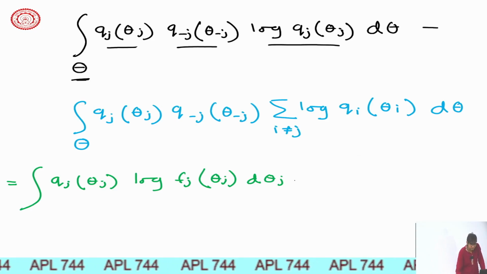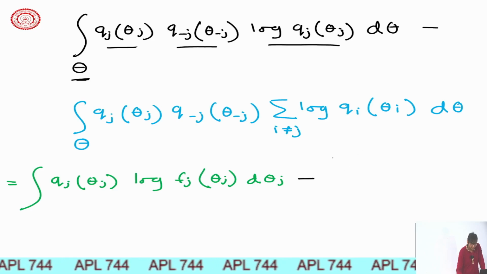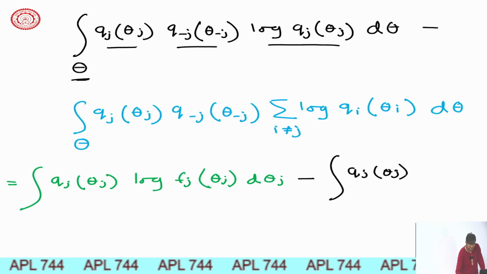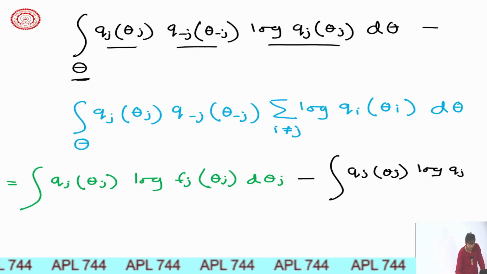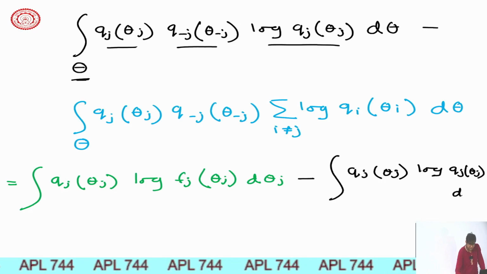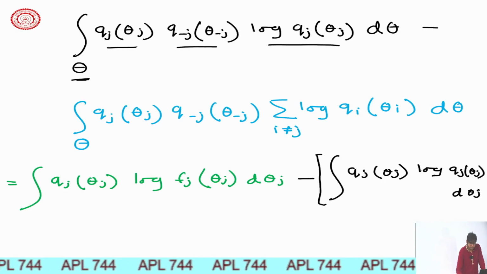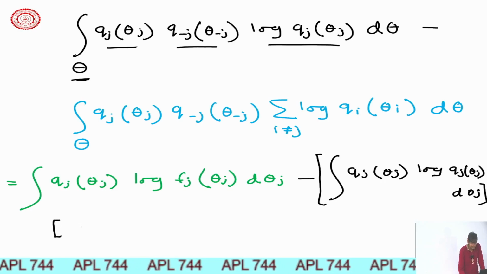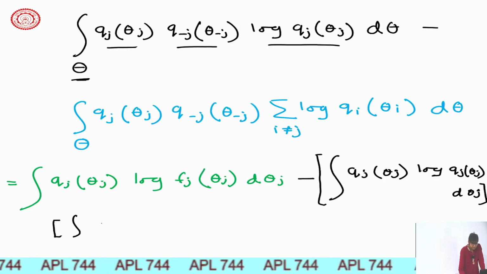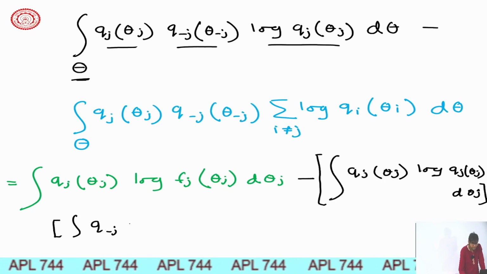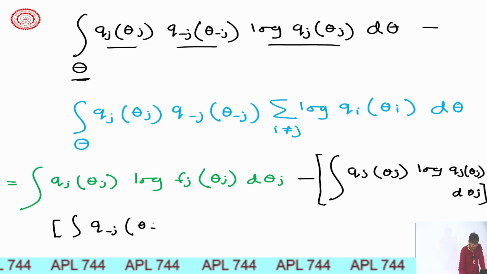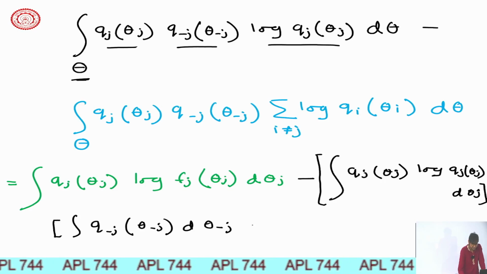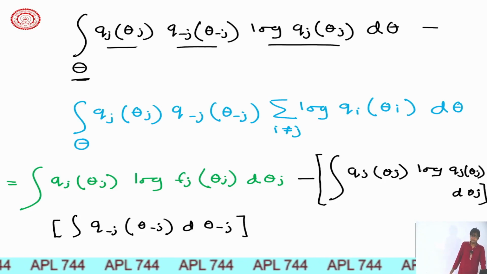So this will give me minus integration qj theta j log qj theta j d theta j, multiplied by integration q of minus j theta of minus j d theta minus j, right?